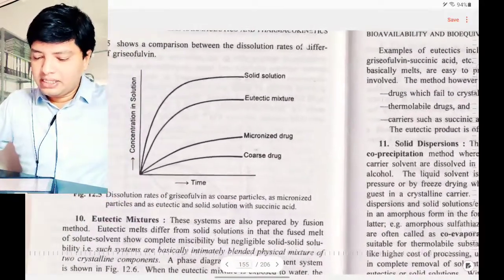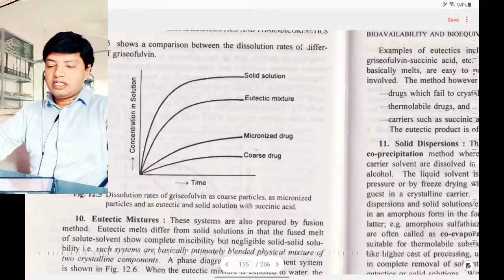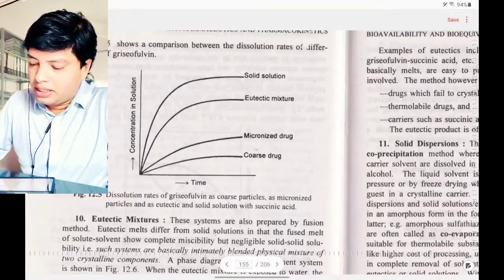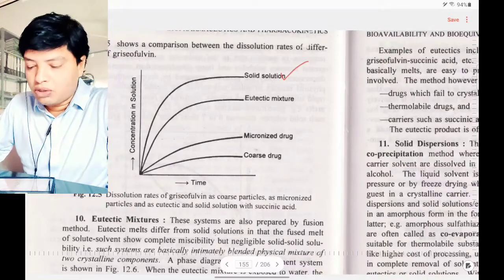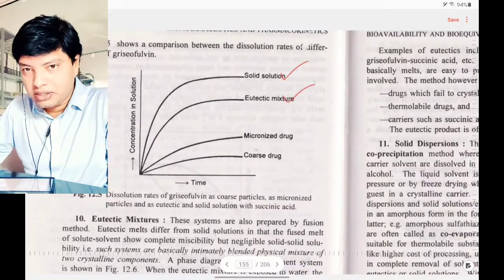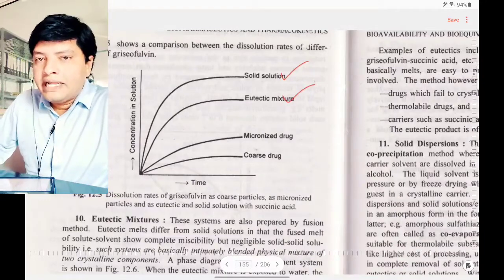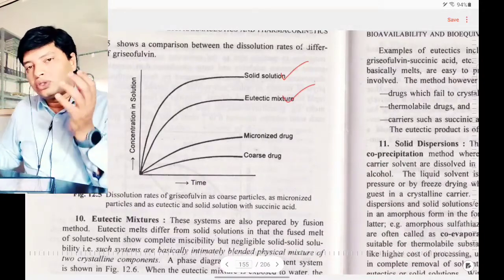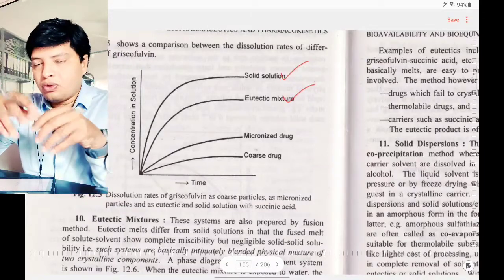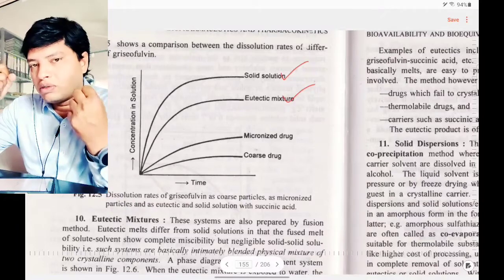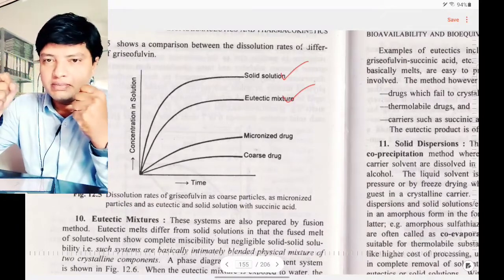Okay, you can see in this graph, solubility is in an increasing order. Your solid solution is having more solubility compared to eutectic mixtures. What are eutectic mixtures? The melting point of both the solids will decrease. Let's say one is having a higher melting point, the other a lower melting point.